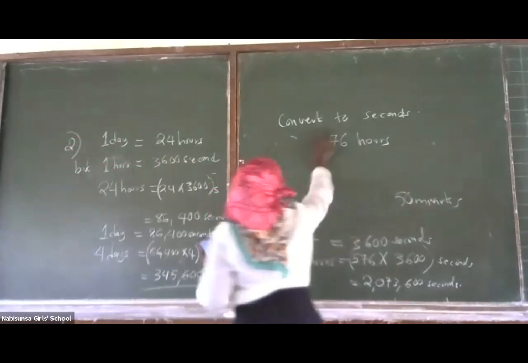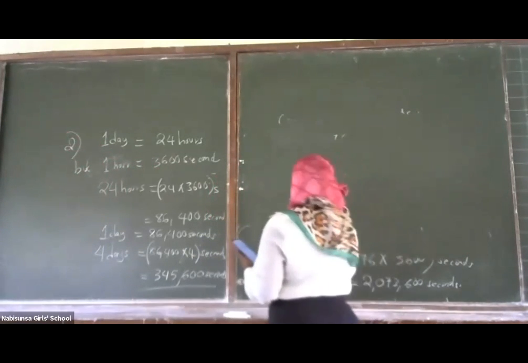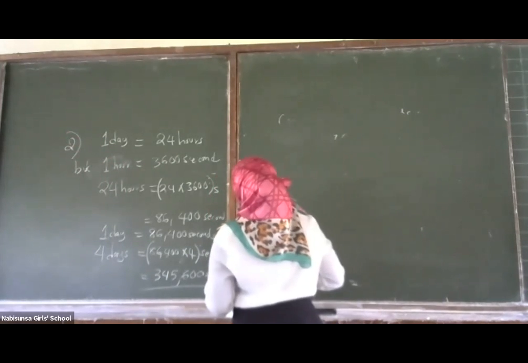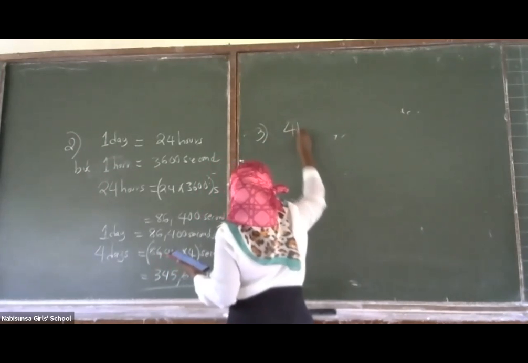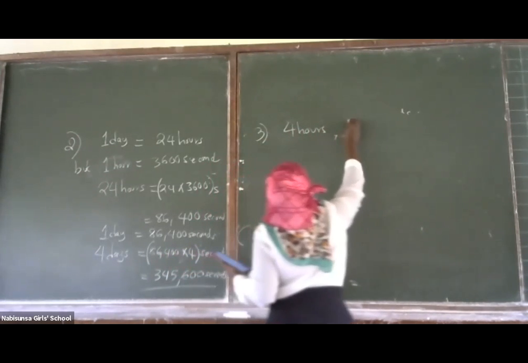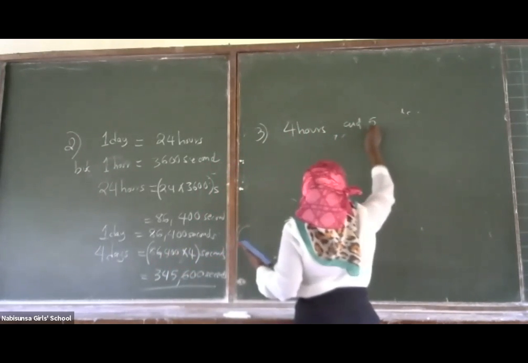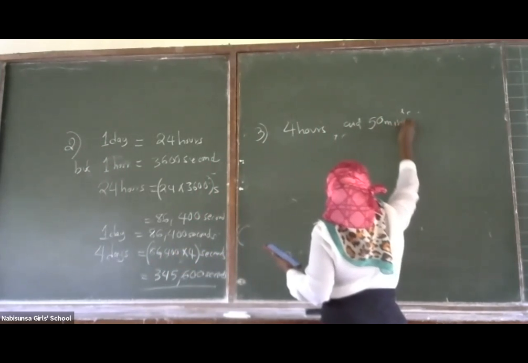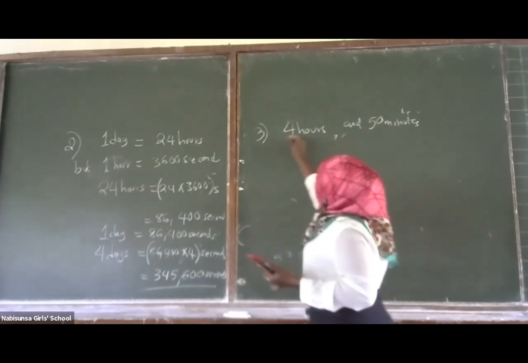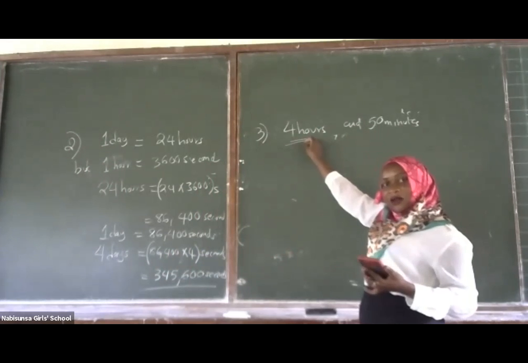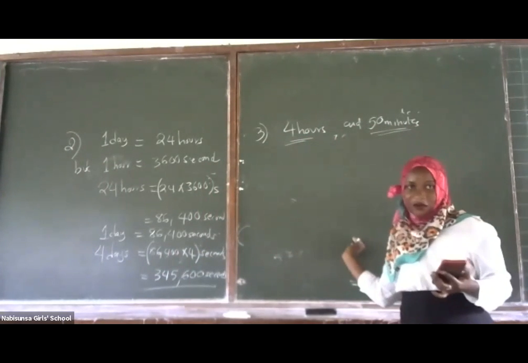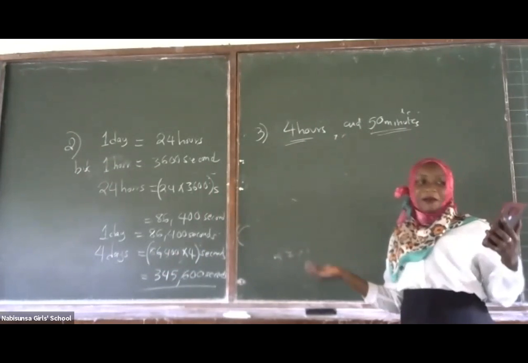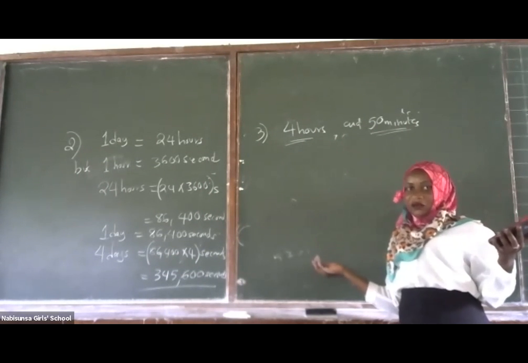So number three, they're telling us to change from 4 hours and 50 minutes. So let's first get how many seconds are in 4 hours and how many seconds are in 50 minutes. Then we add to get the total number of seconds. Is that okay?